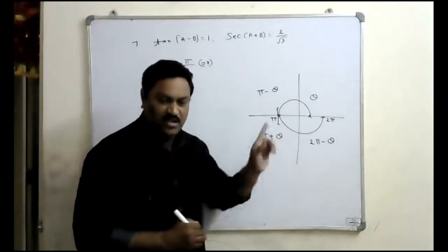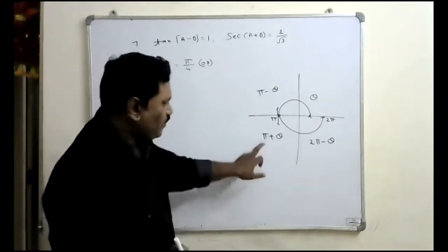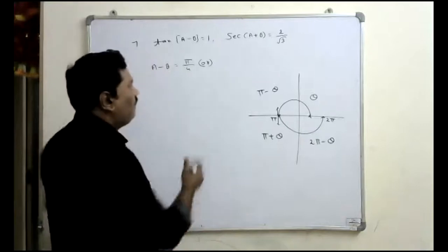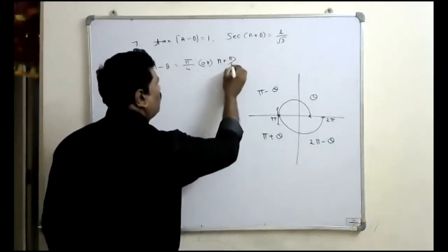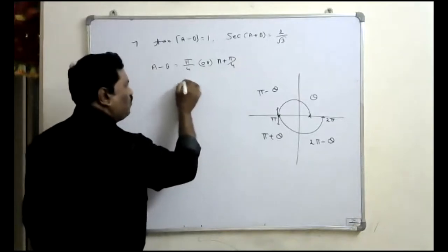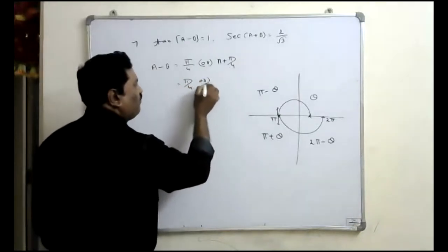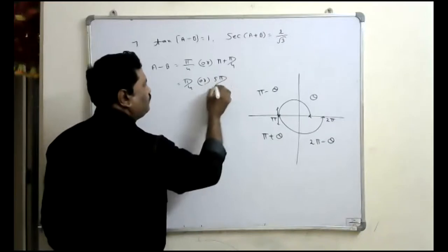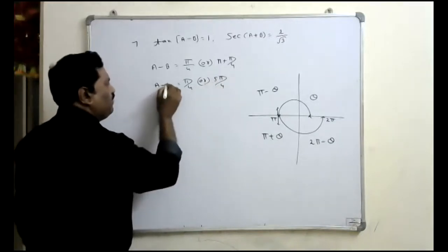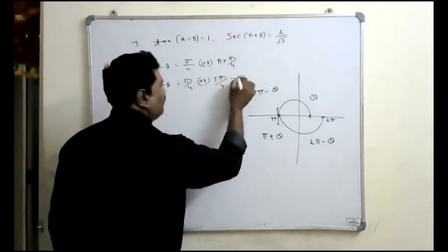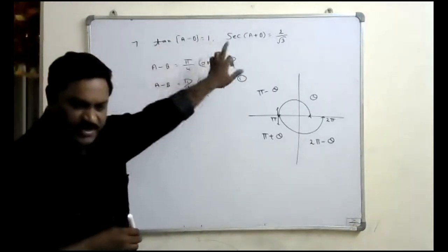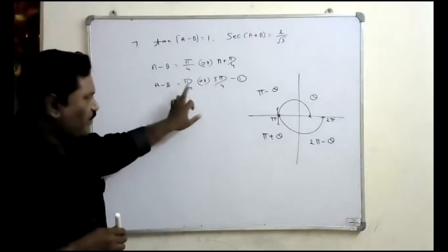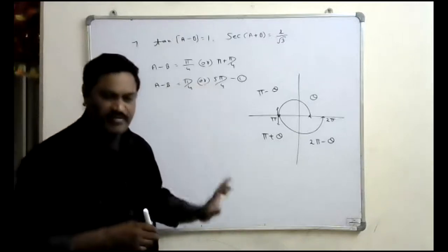How do you take the angle in the third quadrant? Pi plus theta, where theta is pi by 4. So it is either pi by 4 or 5 pi by 4. That is A minus B. Call that equation number 1. So if tan of A minus B is 1, A minus B is either pi by 4 or 5 pi by 4.